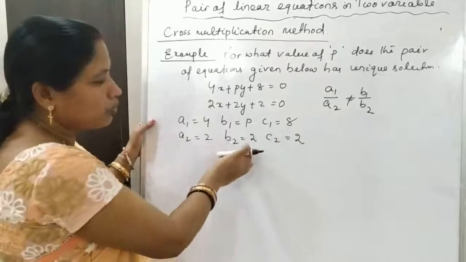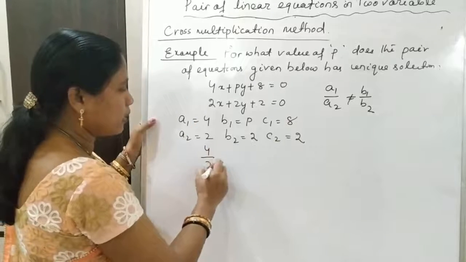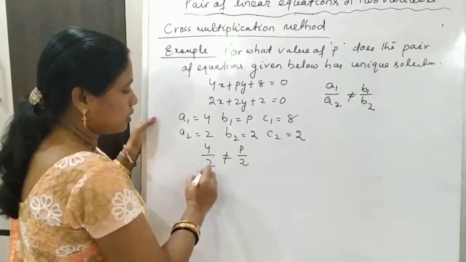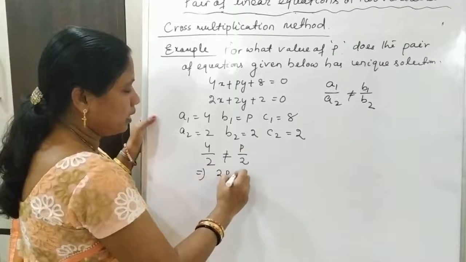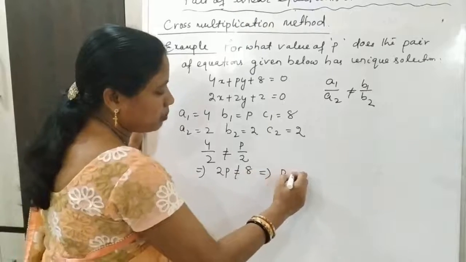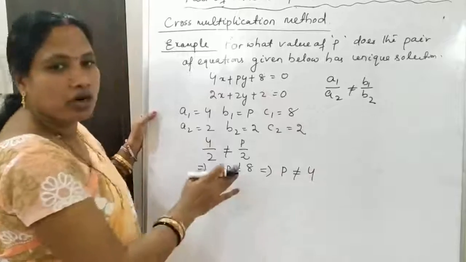Then we will put the values in this condition. So A1 by A2, 4 by 2, is not equal to p by 2. So this implies 2p is not equal to 8. So this implies p is not equal to 4.